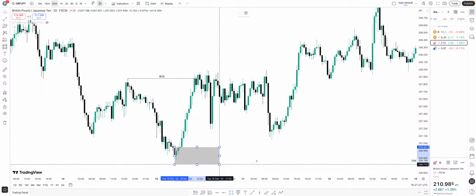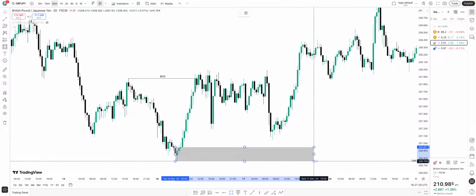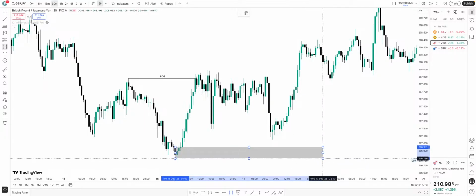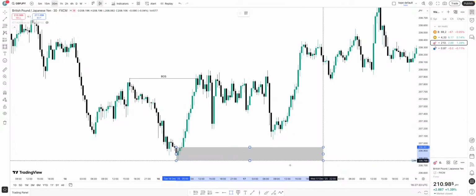This candle is the order block. You get?